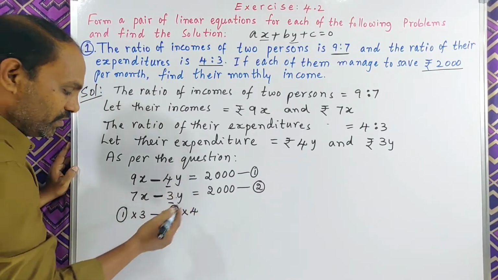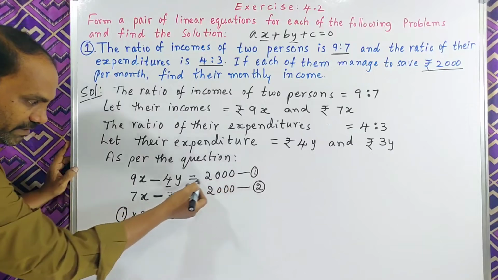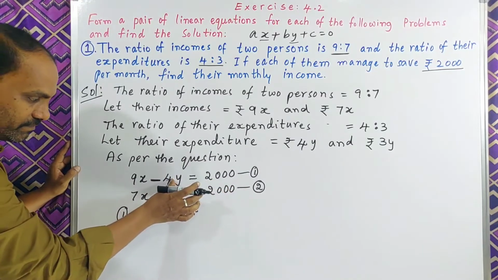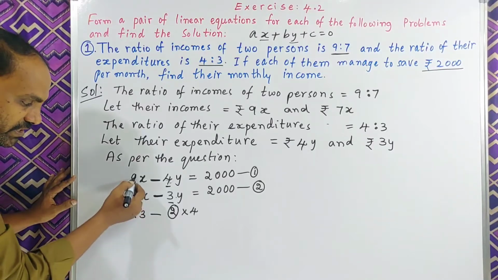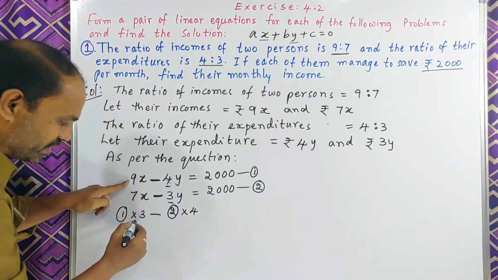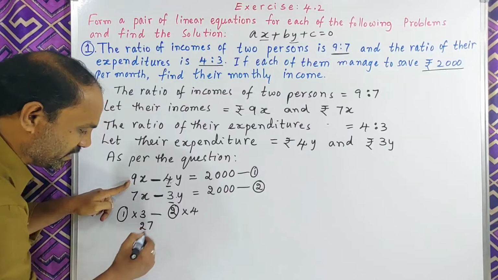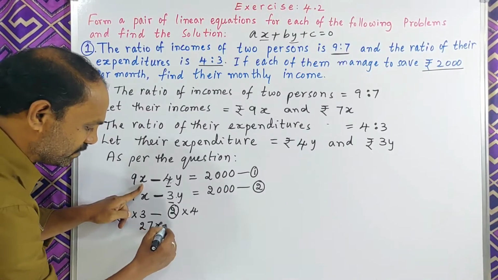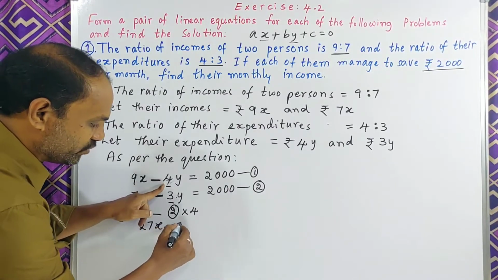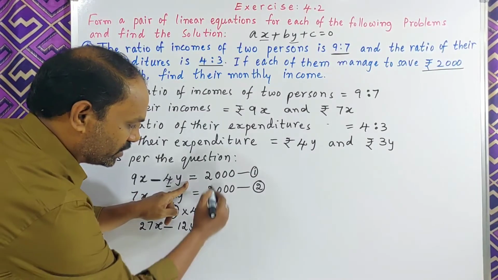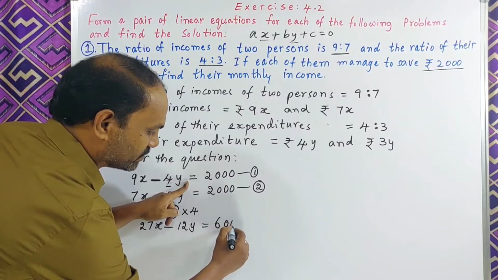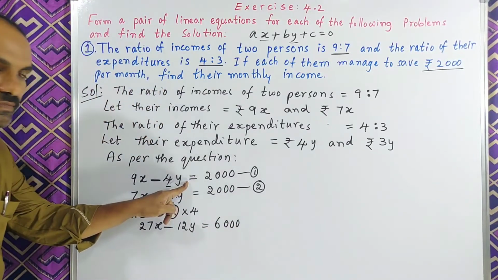Let us check the value. Equation 1 into 3 means you should multiply this complete equation by 3. So 3 into 9, 27x minus 3 into 4, 12y is equal to 3 into 2000, 6000.